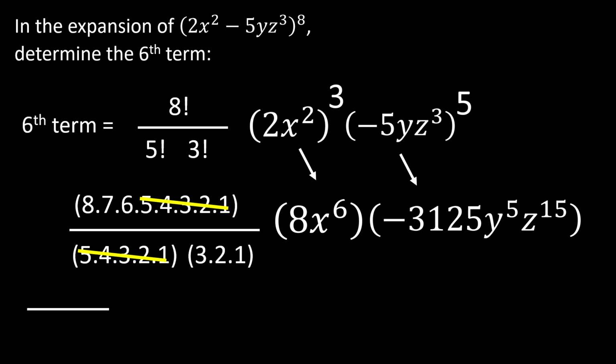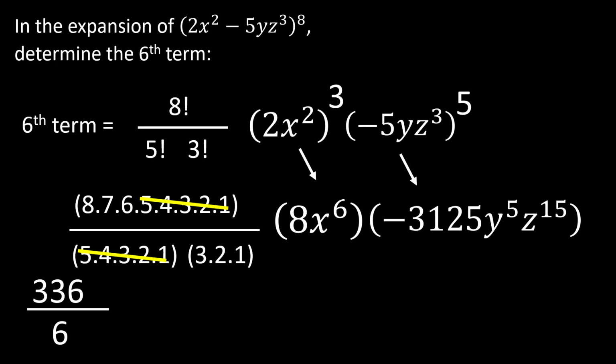8 times 7 times 6 is simply equal to 336, so let us write it as our numerator. For our denominator, we have 3 times 2 times 1, which is a product of 6. And let us now multiply and have the product of 8x to the 6 times negative 3125 y to the 5th z to the 15th power.